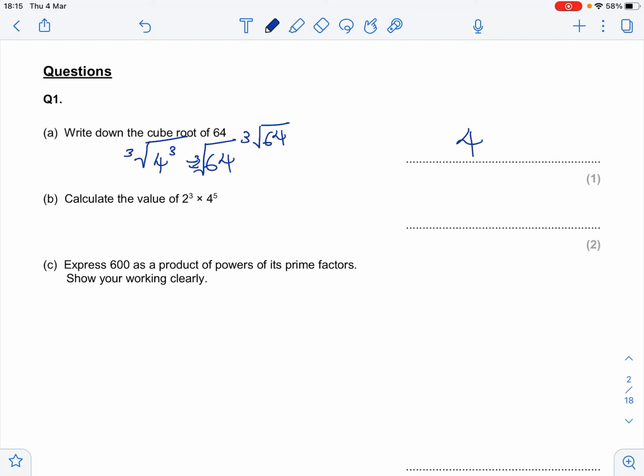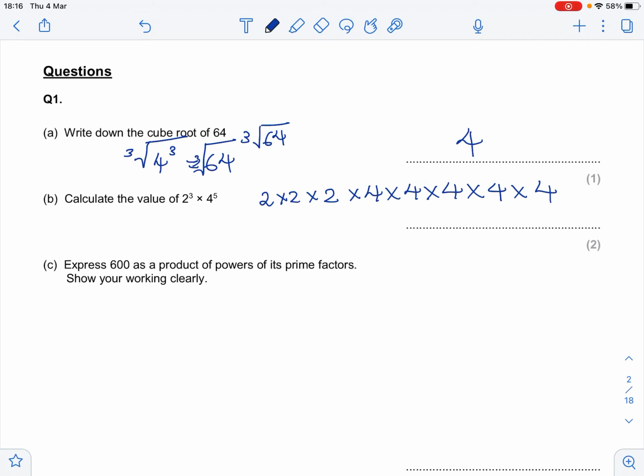Part B, calculate the value of 2 cubed times 4 to the power of 5. So 2 cubed just means 2 times 2 times 2, and 4 to the power of 5 just means multiply by 4, multiply by 4, multiply by 4, multiply by 4, multiply by 4. Even if you write this out in the test, you'd get 1 mark. Also, you can write 2 cubed, which is 8.